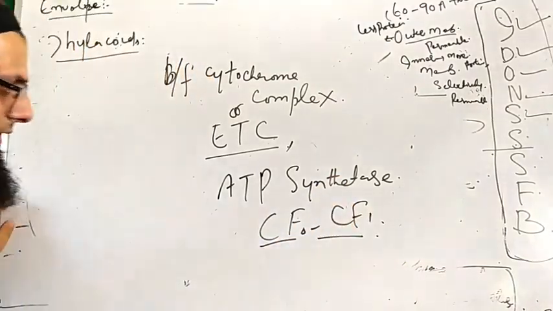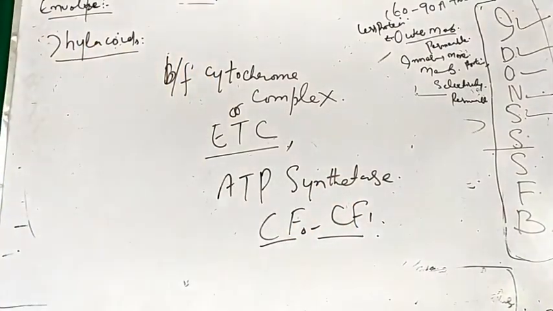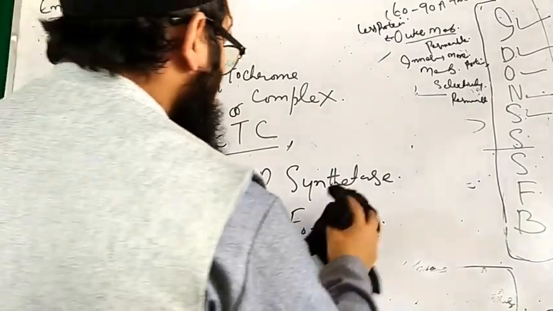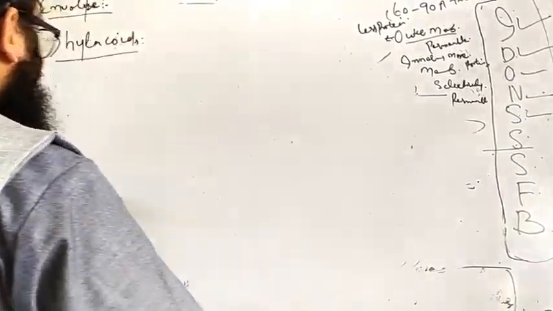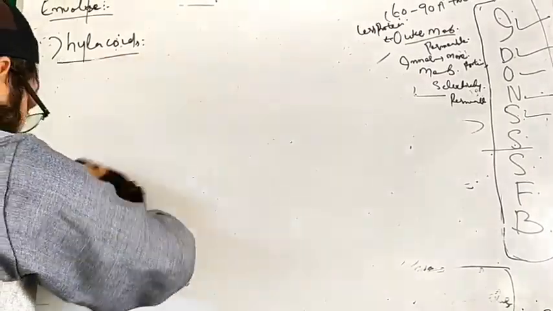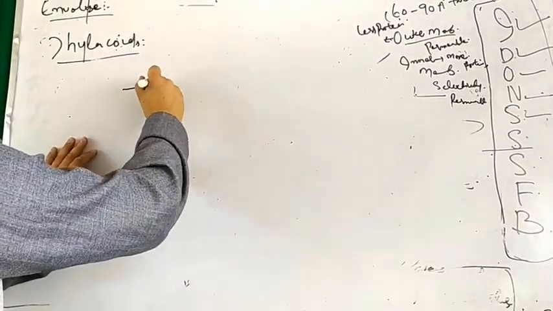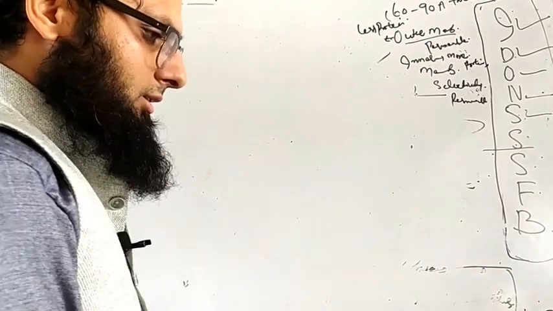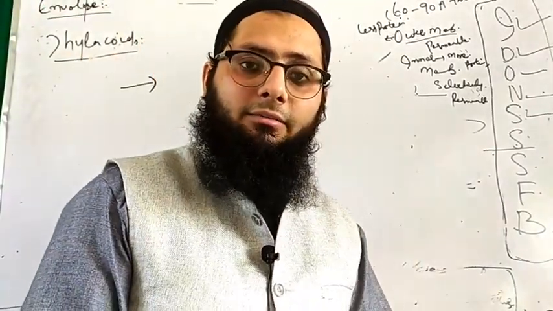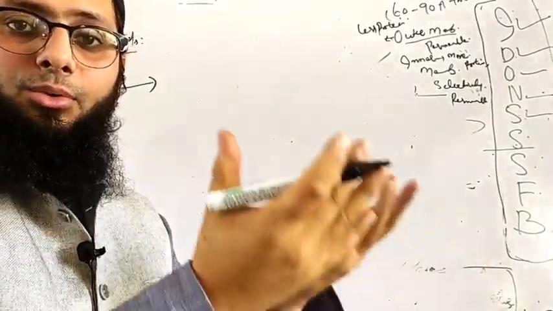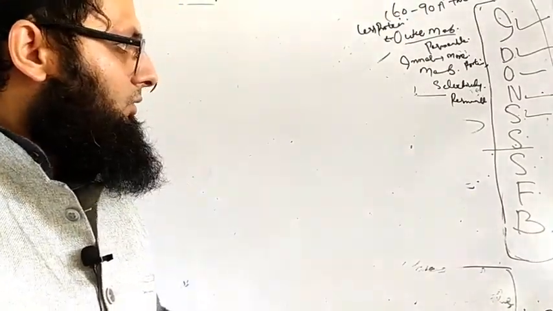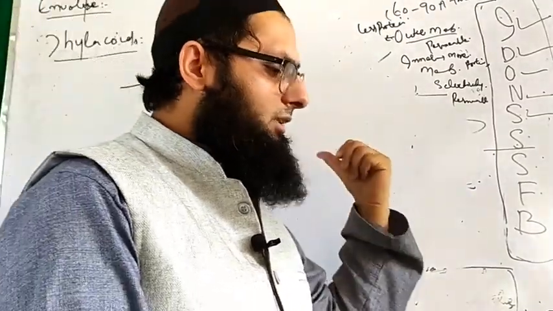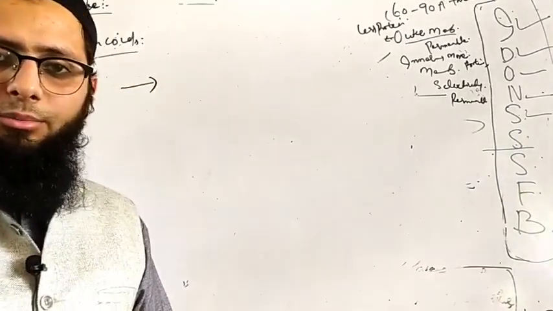C means chloroplast. So these are the thylakoids. The thylakoid membrane is where the light reaction of photosynthesis takes place, so that's why these things are present in the thylakoid membrane.